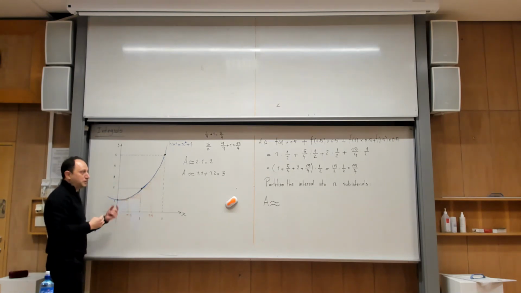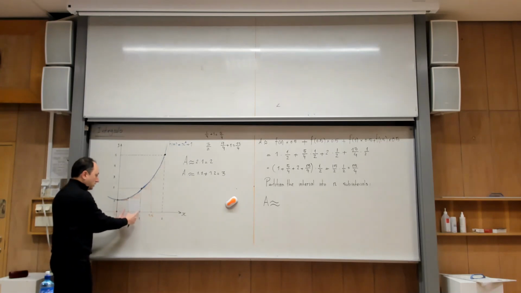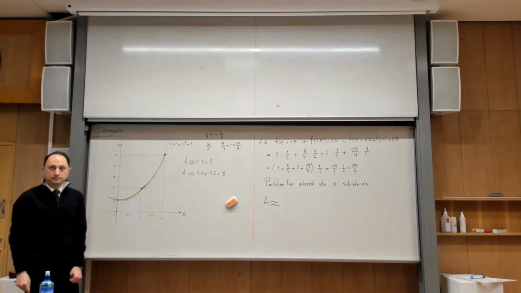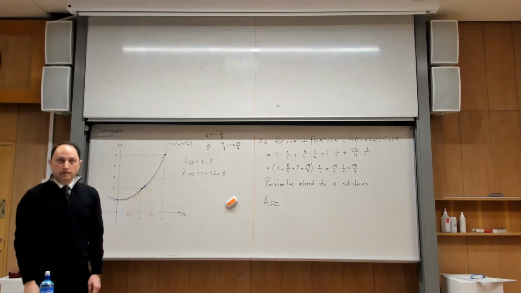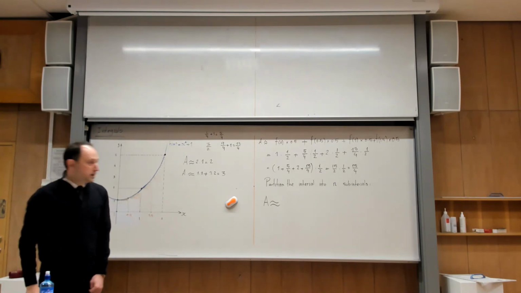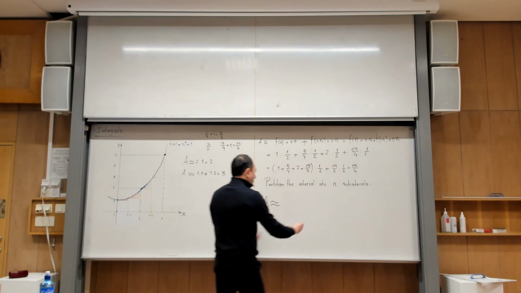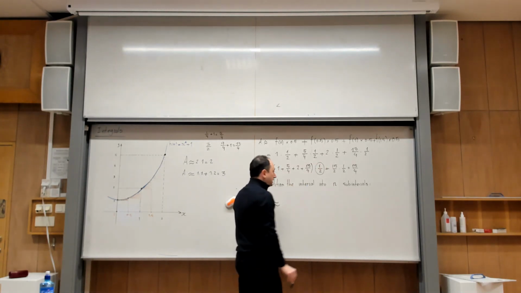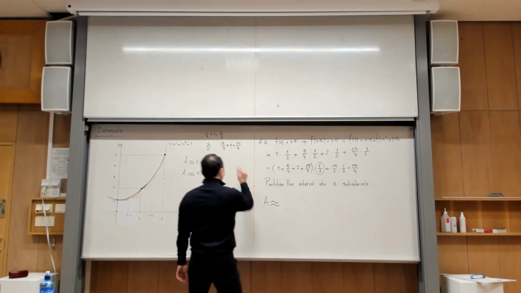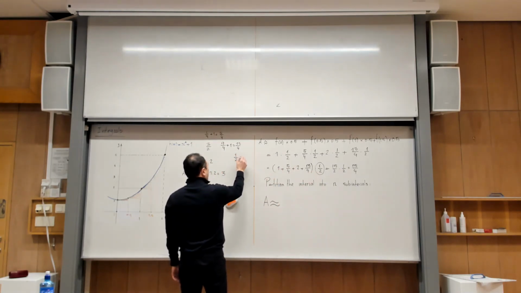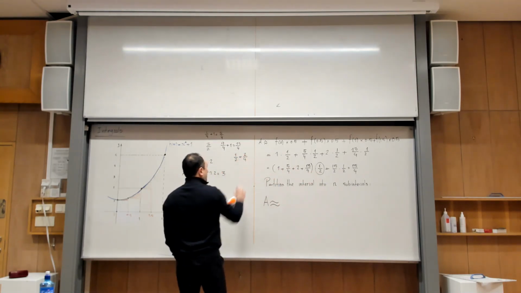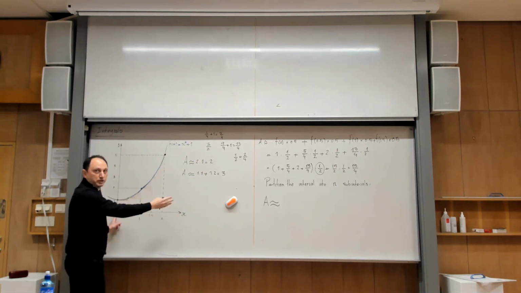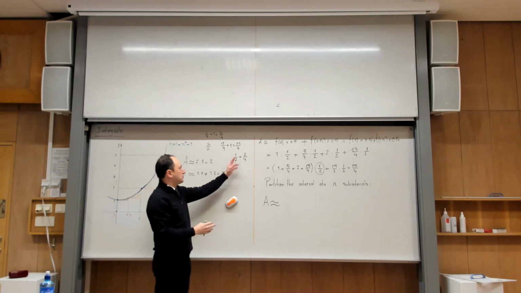So what would be the length of each one of these sub-intervals? 2 divided by n, yes? Do you agree, this number 1 over 2 was another name for 2 over 4, because 2 was the length of my interval, and I divided it into 4 pieces, then I simplified that, and it becomes 1 over 2.